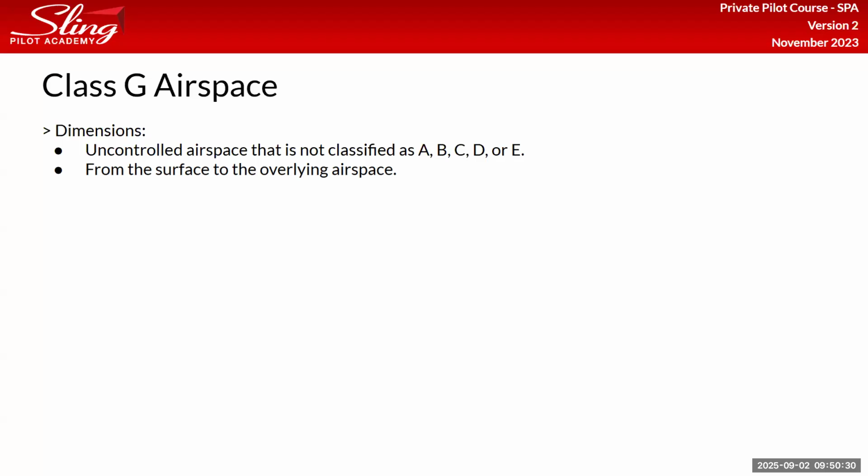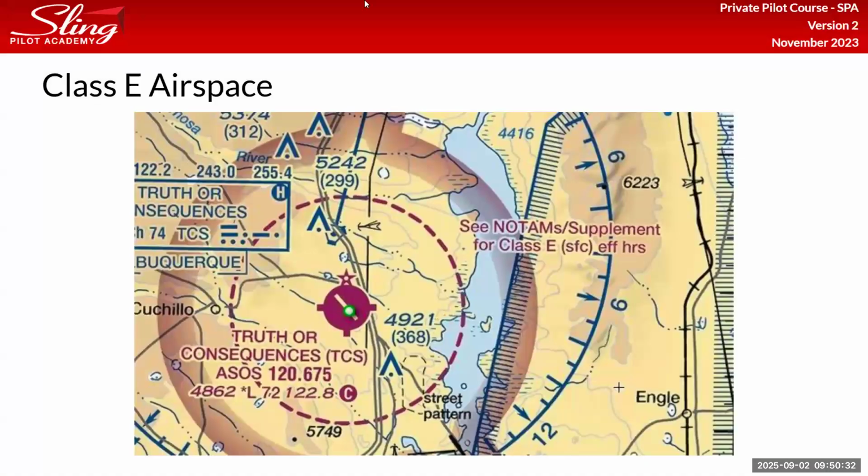Okay, so we'll go back for a second. Inside this circle, at the surface is Echo, right? Because this is surface Echo. But right outside this circle, but inside the magenta, what is at the surface? What airspace? Golf, right? So this is a very confusing example, but inside this surface Echo is the airspace at the surface.